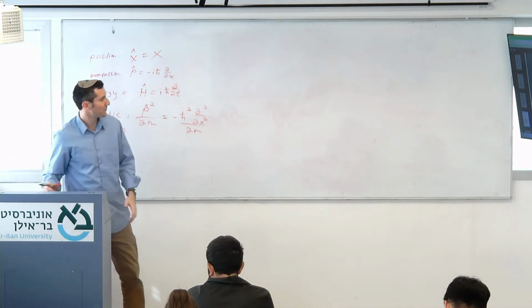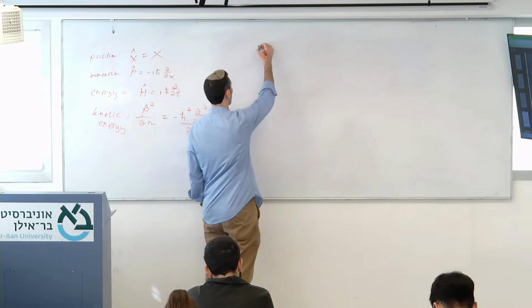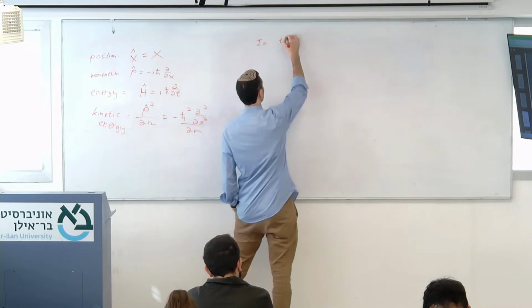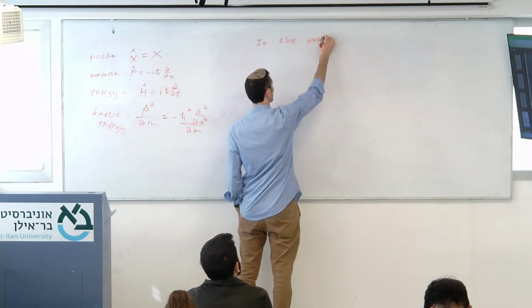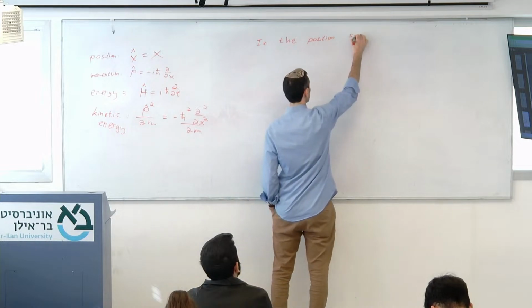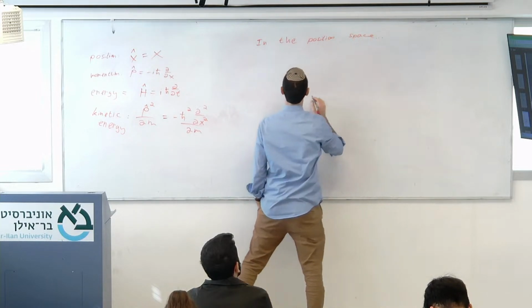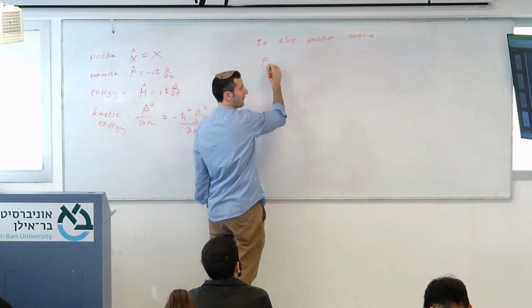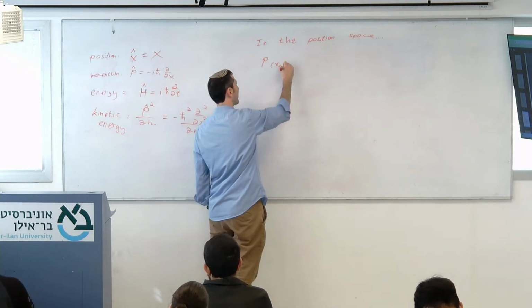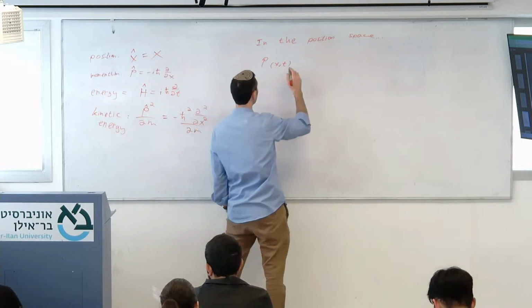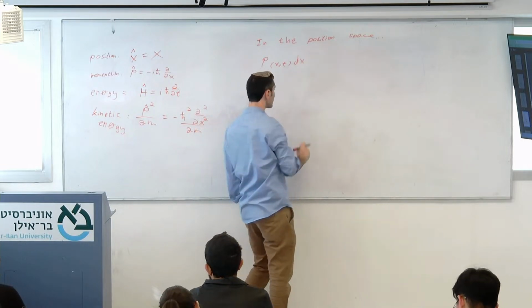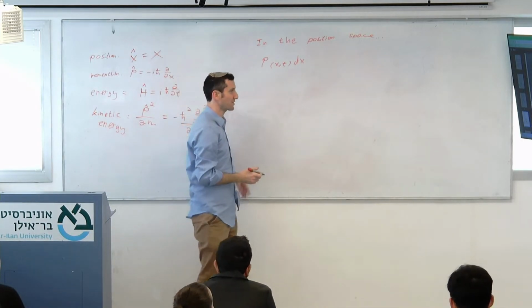Okay, in the position space, I wanted P of x,t dx. There's no dx here for some reason, but it's a mistake.